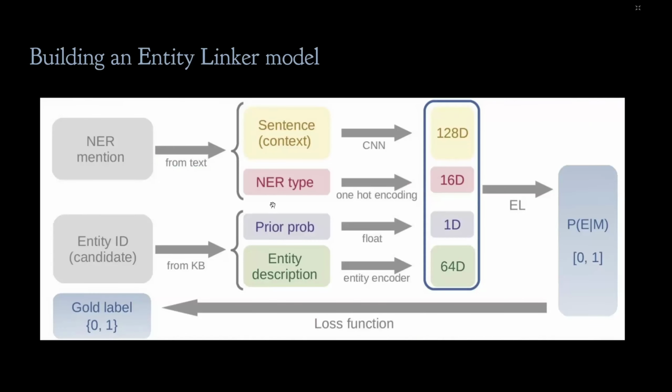The way that we built this entity linking model, and this is also why I said that this is already a few years old, is that it just uses embeddings and neural networks, but no LLMs back in those days. What we did was a relatively simple thing. We took the named entity recognition mention, so the mention from the text where it says Ferrari, for instance, and we embedded that using a CNN.